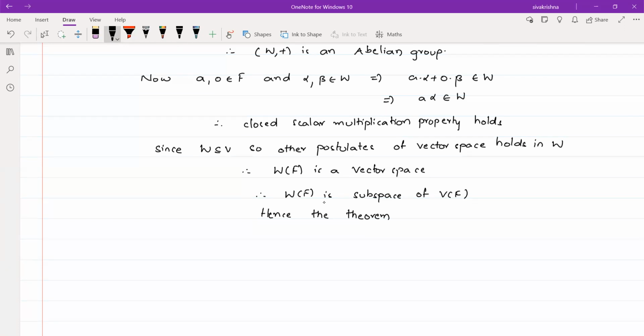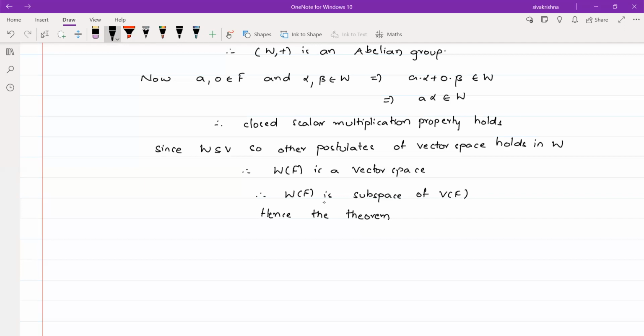I have proved only four properties, whereas all the remaining properties hold in W because W is a subset of V. It means whenever you consider any element in W, clearly that element belongs to V, so the remaining conditions hold in W. So we need not prove all the conditions of the vector space definition.